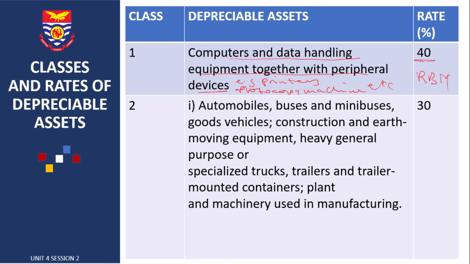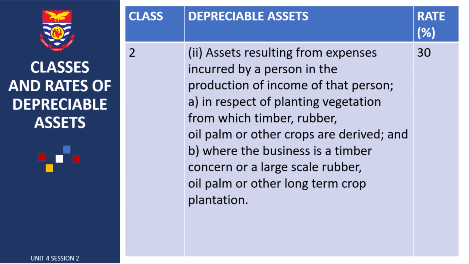Then for class 2, we have automobiles, buses and minibuses, goods vehicle, construction and earth moving equipment, heavy general purpose or specialized trucks, trailers, and trailer mounted containers, plant and machinery used in manufacturing. The rate is 30%, also reducing balance method.